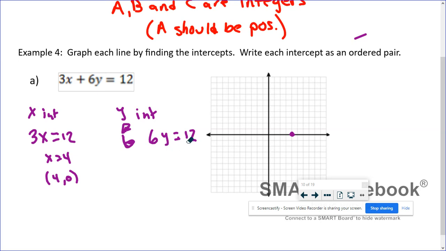I'm going to divide both sides by 6, and then I get y equals 2. And the ordered pair is 0, 2. That point will be right here. Having both intercepts is enough to draw a line. I can draw my line through those intercepts, and that's good enough.